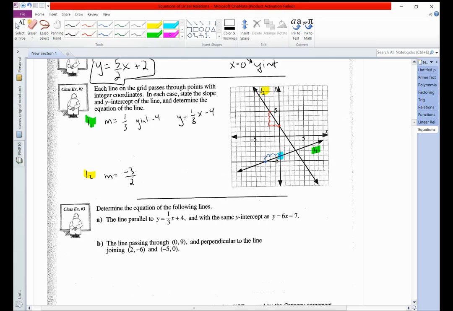And if you look, I actually used the y-intercept there. So I can write that in. The y-intercept is +2. We start with 0 here, 1, 2. So that equation is going to be y equals -3 over 2 x plus 2.